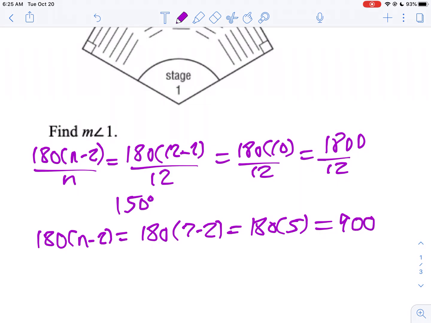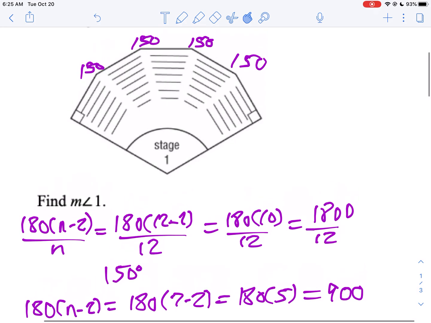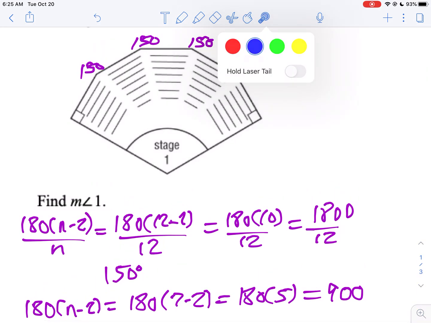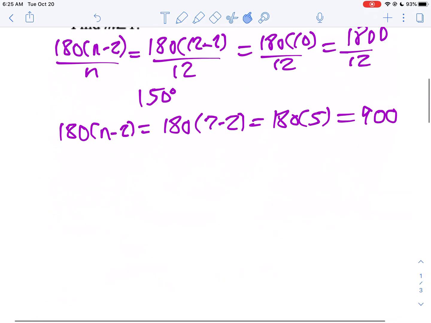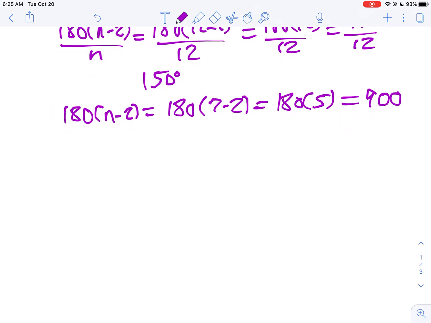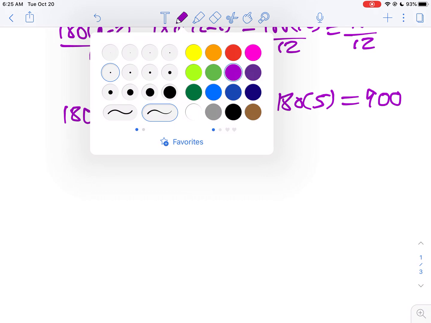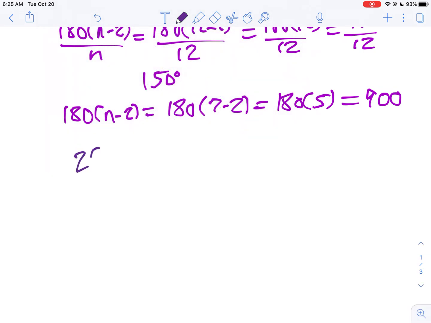Now we can use that fact to add up all our angles. Notice 2 of our angles are 90 degrees. So I'm going to say 2 times 90. 4 of our angles are 150 degrees.